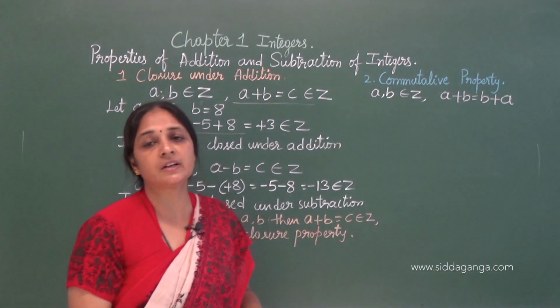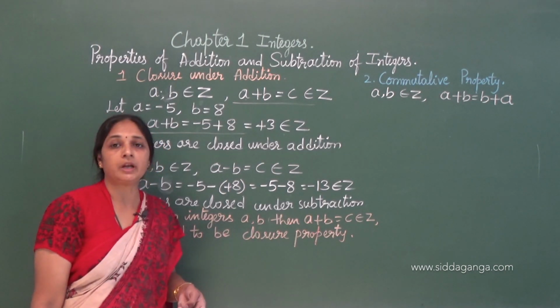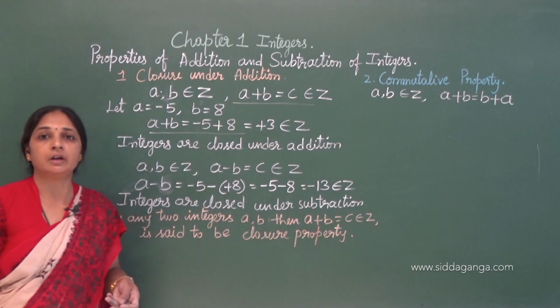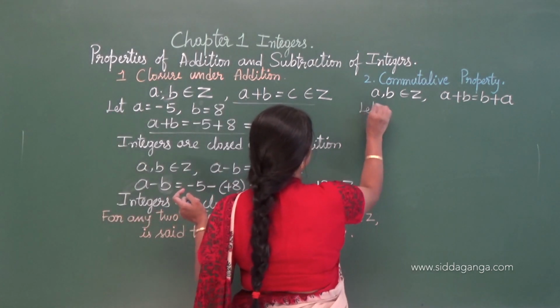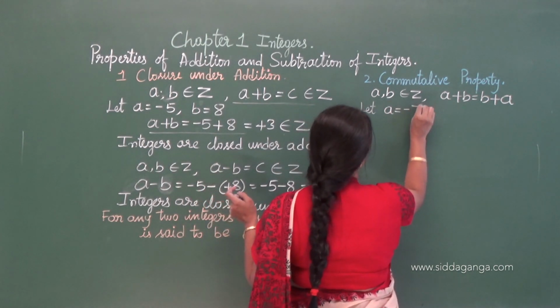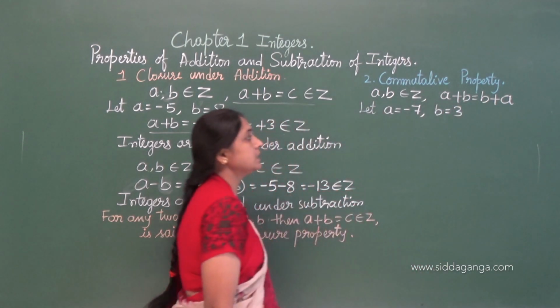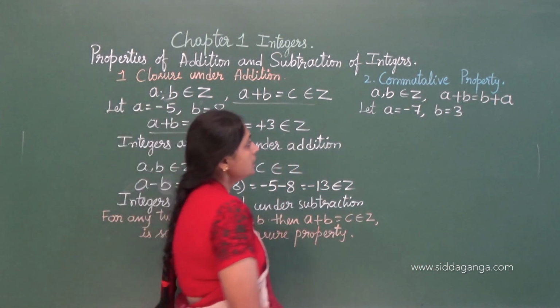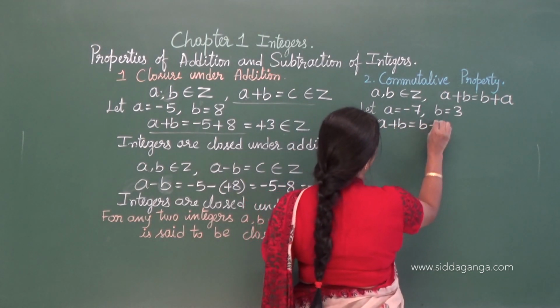If it satisfies the given condition, then we can say that they are commutative under addition. Let a is equal to minus 7, b is equal to 3. Here the condition is a plus b is equal to b plus a.